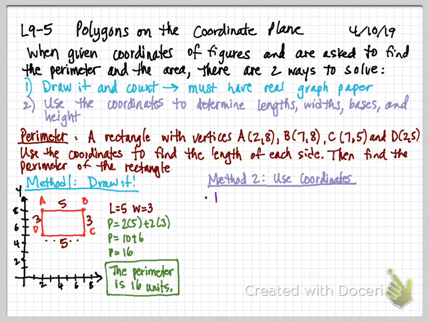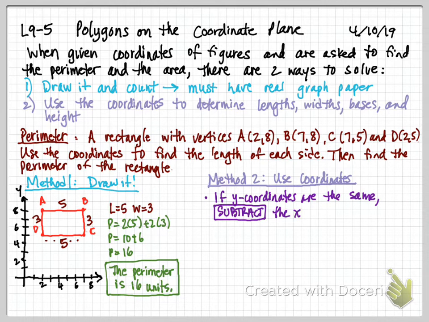We could have y coordinates that are the same. So if the y coordinates are the same, we're going to subtract the x coordinates. Now it wouldn't make sense to subtract the y coordinates because if they're the same we get 0. So we want to subtract the other set of coordinates, the x ones, to find a length.